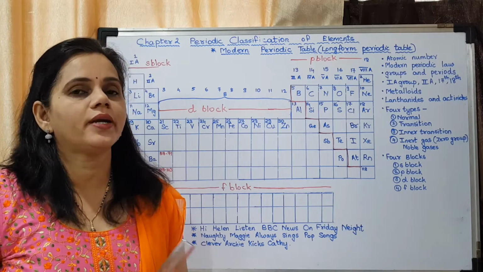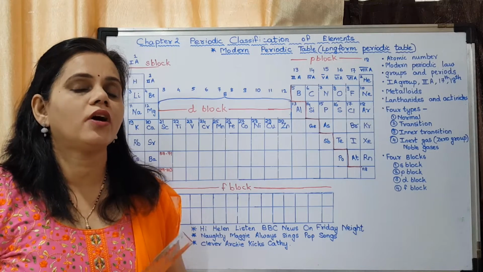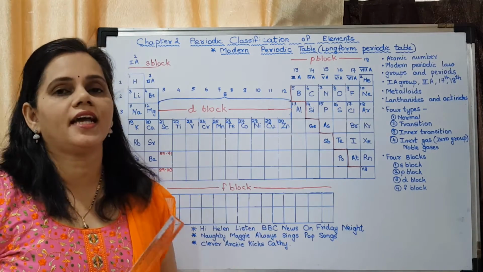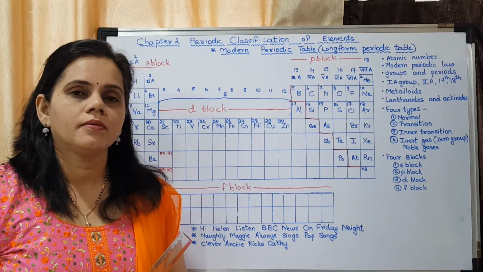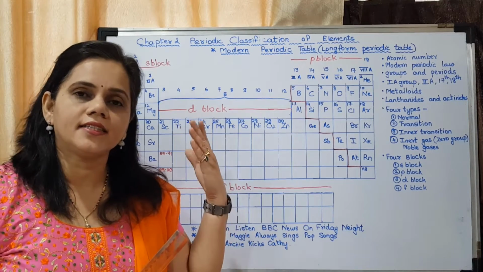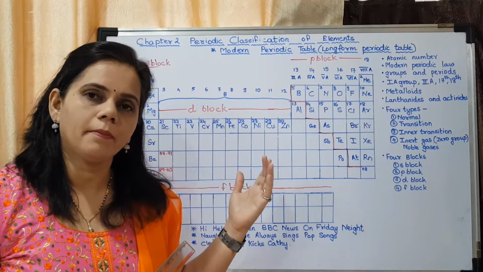Now as years went by, scientists started discovering more and more elements, and it was found difficult to arrange the elements in Mendeleev's periodic table also, because they were considering the fundamental property of elements as atomic mass.